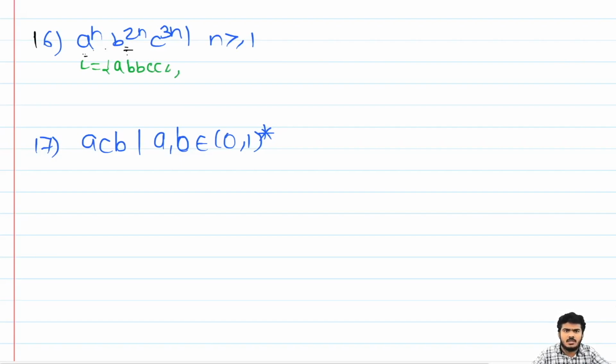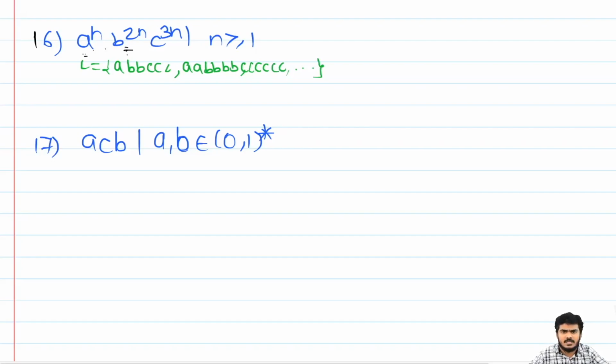When n is equal to 2, then a double a, b is 4 b's and c is 6 c's. So we will get such type of strings.